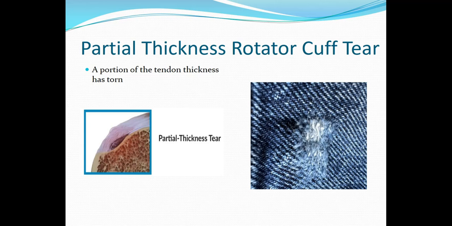The term partial thickness tear means a portion of the tendon thickness has torn from its attachment to the humerus. These tears can be low grade, for about 50% or less of the tendon depth, or high grade, greater than 50% of the tendon depth. A portion of the tendon is still attached to the bone and the rotator cuff is still functioning. Here the jeans are fraying, but there is no hole all the way through.